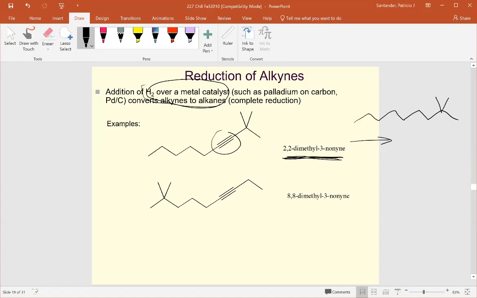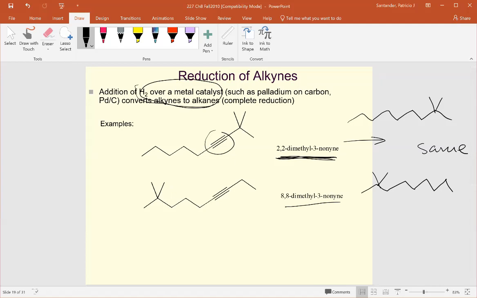If you were reducing the 8,8-dimethyl-3-nonyne, the result will be that you will get 2, 3, 4, 5, 6, 7, 8, 9 with a couple of methyl groups on the second carbon from the other tip. So actually, these two compounds are the same, right? That is an interesting thing, that a reduction of two different alkynes yields the same alkane final product.